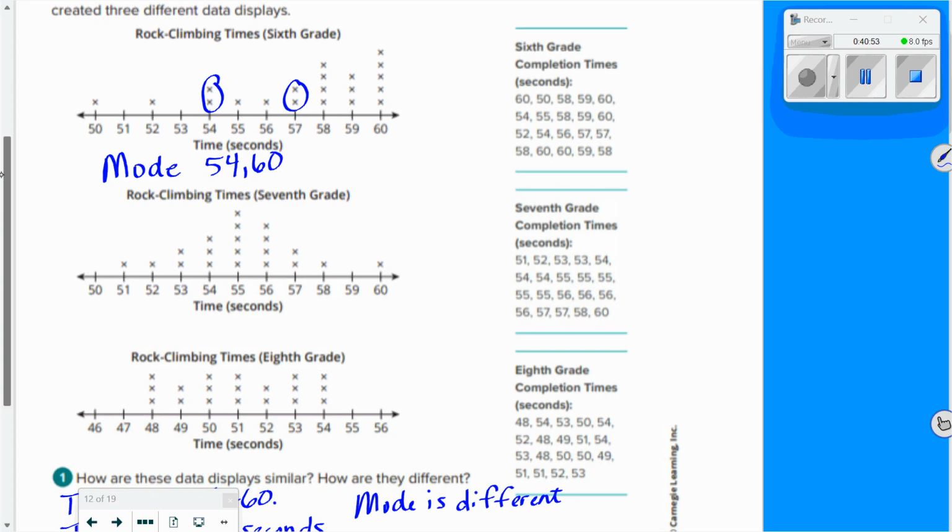They can't be modes. 54 and 57, they both showed up twice. What's the frequency of them? Those two showed up twice. 2 was my most common. The ones that showed up the most commonly are 2 data points, 54 and 57.